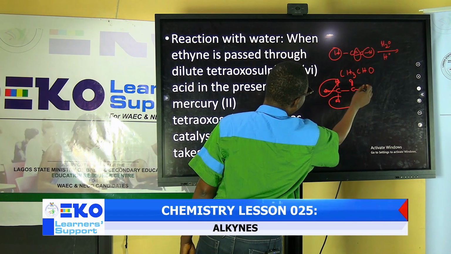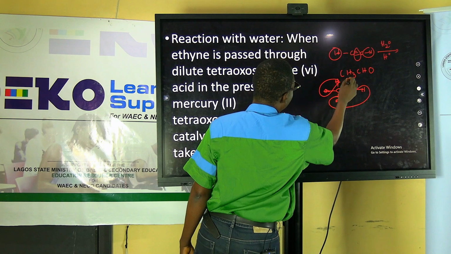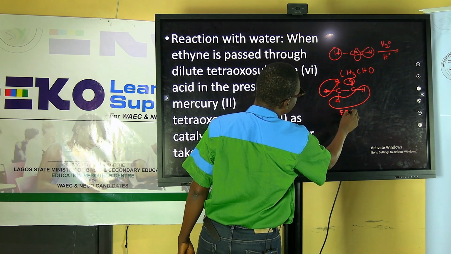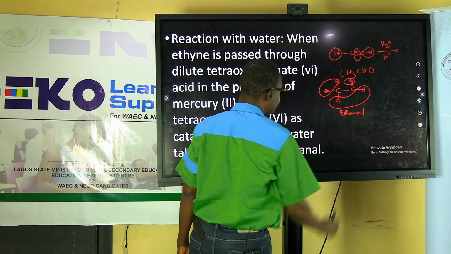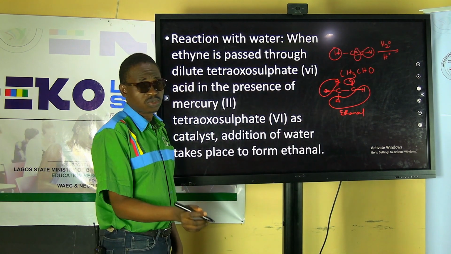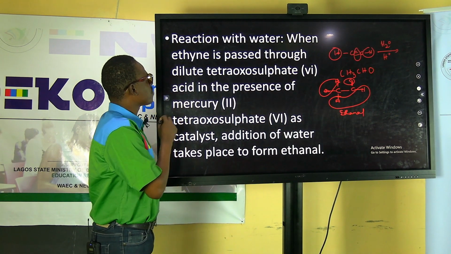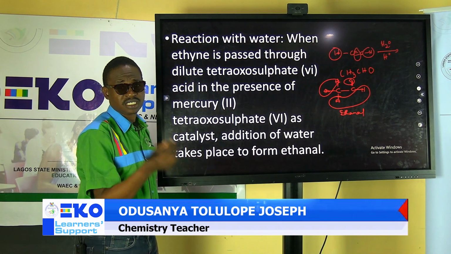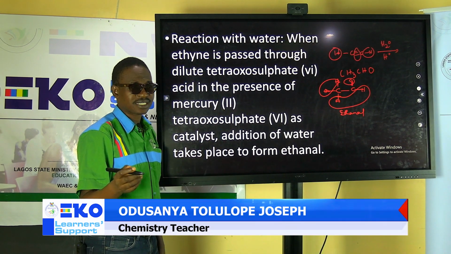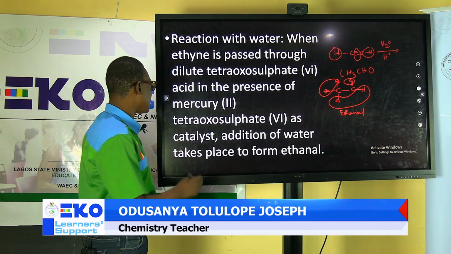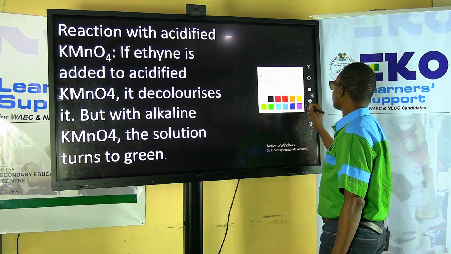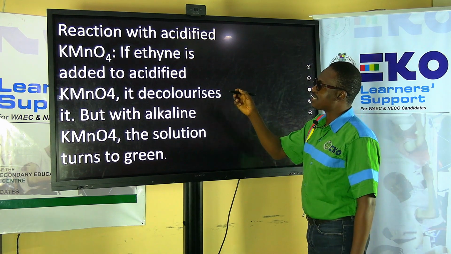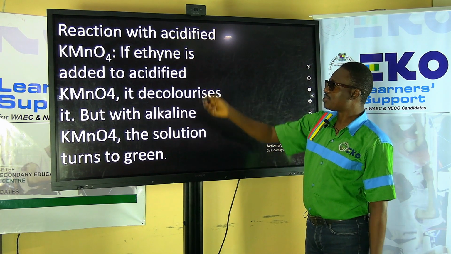So this is 2 hydrogen from water and the oxygen. And this is what we call the ethanol. Yes, you need to know that. So basically, when ethyne reacts with water, what it forms is ethanol, in the presence of acid.